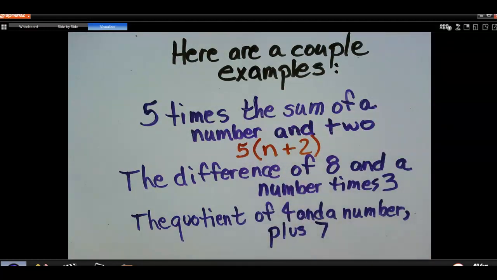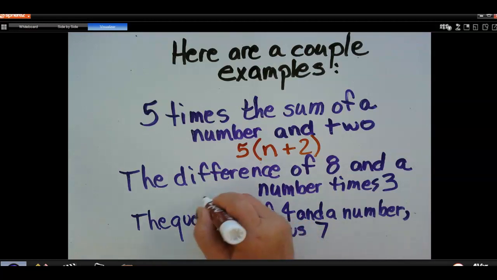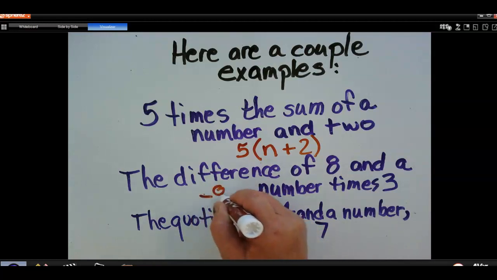Let's go to the next one. The difference of 8 and a number times 3. So if you say the difference of 8 and something else, that means that 8 is going to be subtracted. Okay?